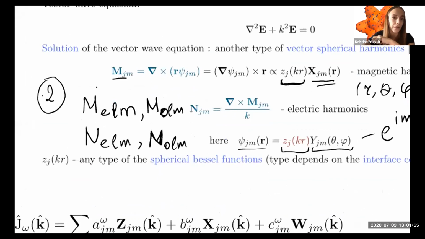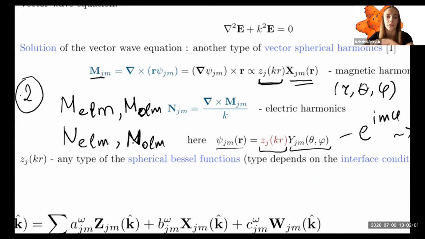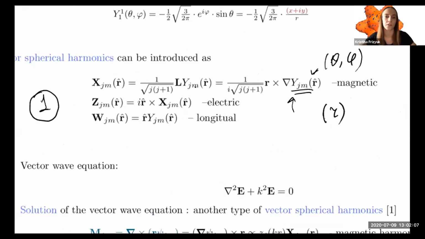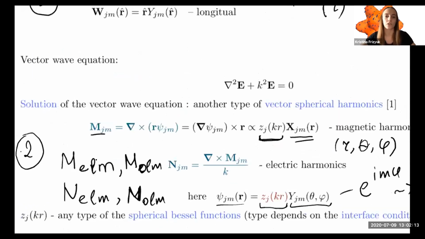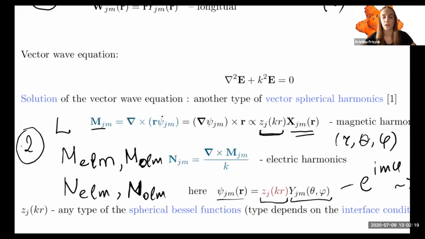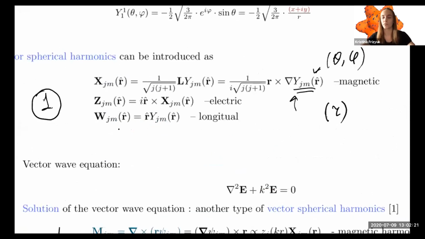Yes, I see the question. M refers to magnetic harmonics and N refers to electric harmonics. In the other type of spherical harmonics, X refers to magnetic and Z refers to electric. Here we also have longitudinal ones, which are L, but we will not use them now, though sometimes they are useful.